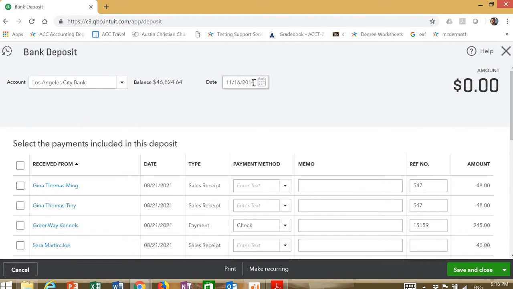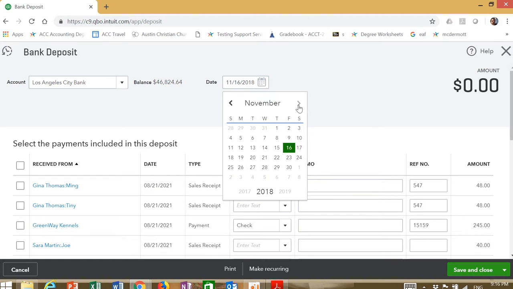Okay, so I went ahead and found this other deposit. So I took away some of the receipts from one of the deposits to make it match what the book says it should be. And now I'm going to prepare this other deposit, which they don't give us an amount for, but they give us the date Saturday.